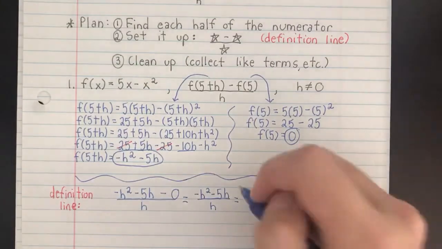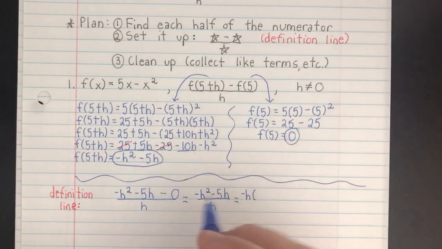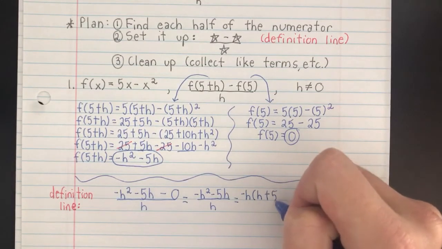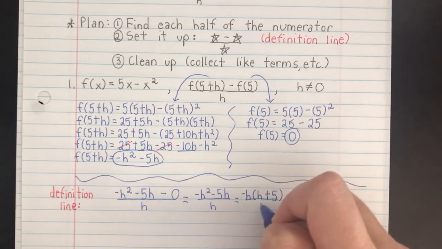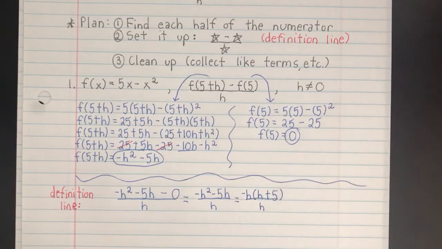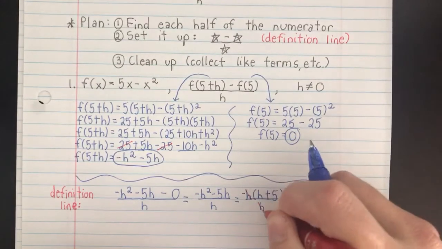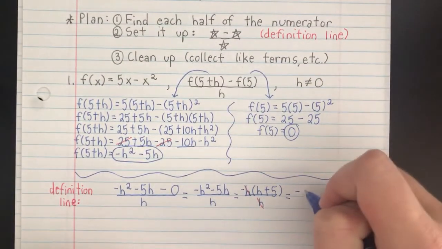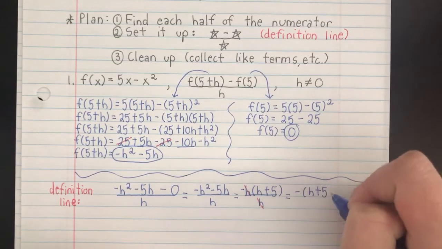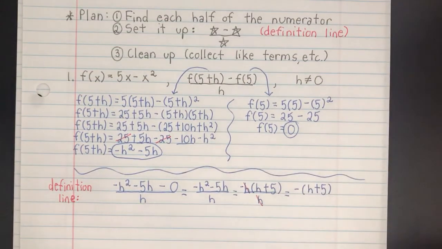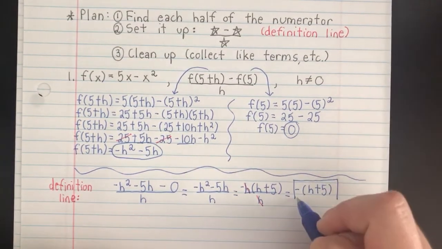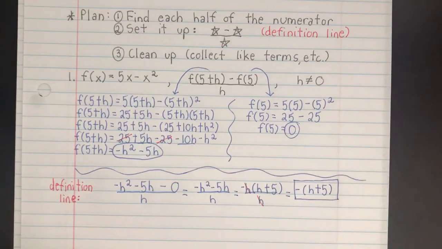So you should factor that out. Negative h can come out of both terms here. That will leave you with h plus 5 over h, which helps us out because as I clean up, I notice my h's here and here will cancel. So then I have negative quantity h plus 5 now over 1, which really isn't necessary. So I have cleaned up, and that's my final answer.